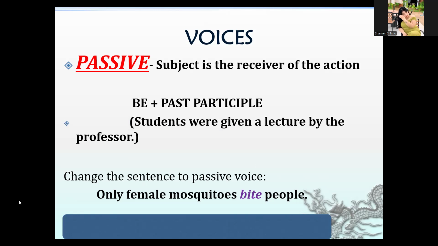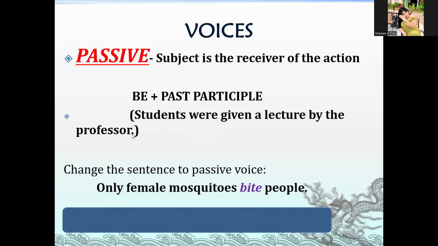As seen in this example given here, students were given a lecture by the professor. So, we have here the subject students. And then what is the passive voice of the verb? Were given. Okay? Yung be verb natin ay were.